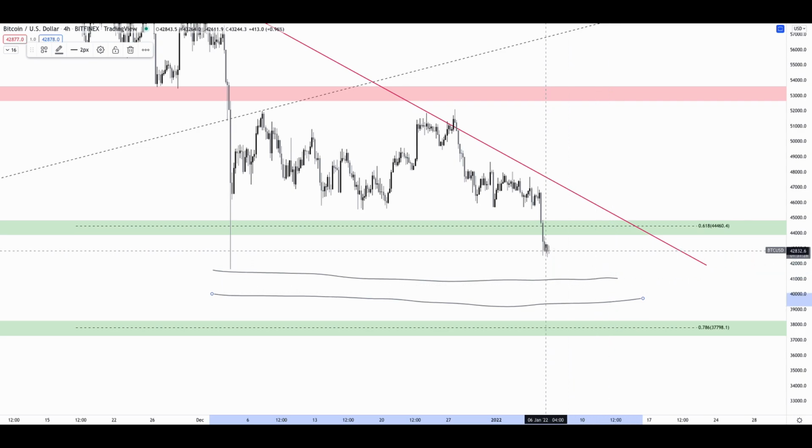So people are thinking, okay, 40K is the max that Bitcoin can go down to, and it can't go anywhere below that because it has already tested 69K, and for it to go down to the high 30K regions is very improbable, right? Because there's got to be a lot of support at 40K.